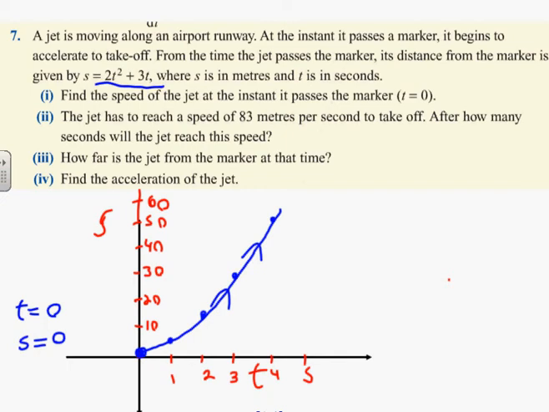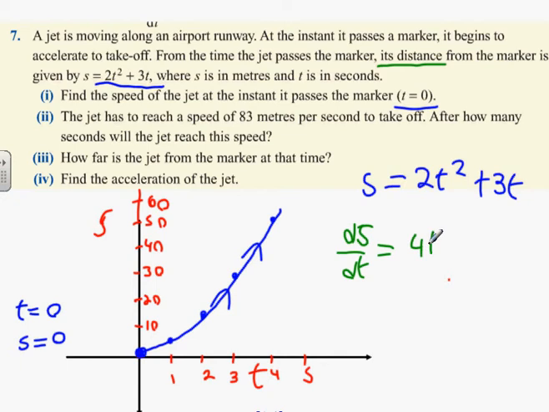Now, find the speed of the jet at the instant it passes the marker. Is s a distance equation or speed equation? It's a distance equation. What does that mean about the first derivative, lads? The first derivative is the speed, which is 4t plus 3.